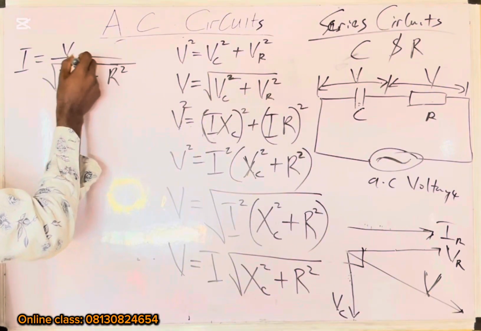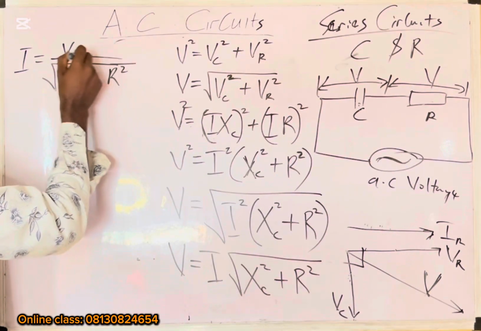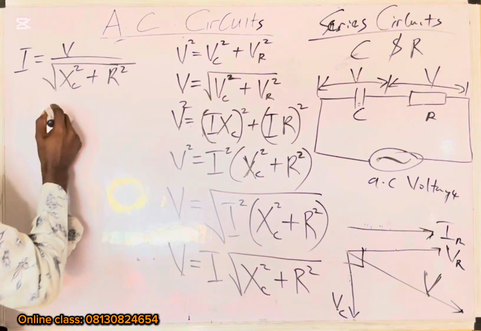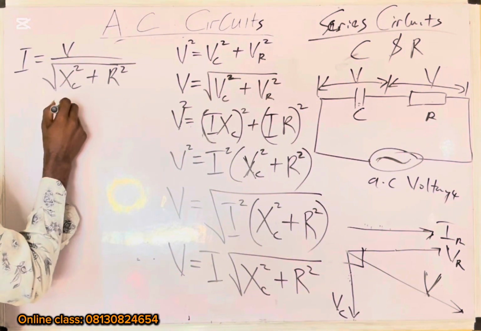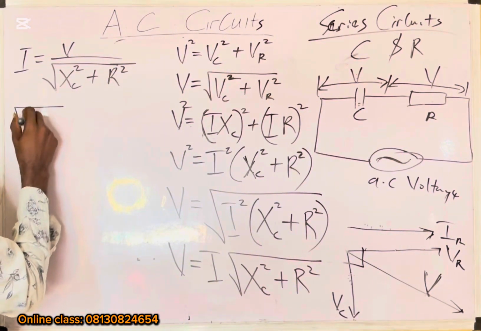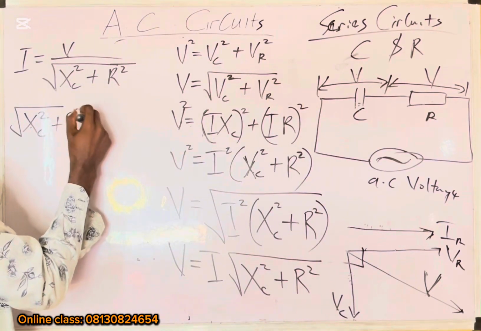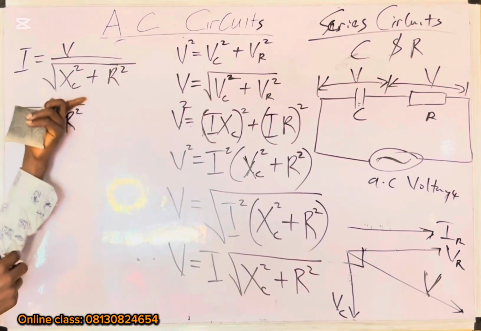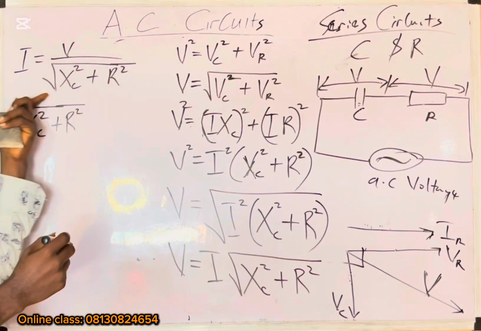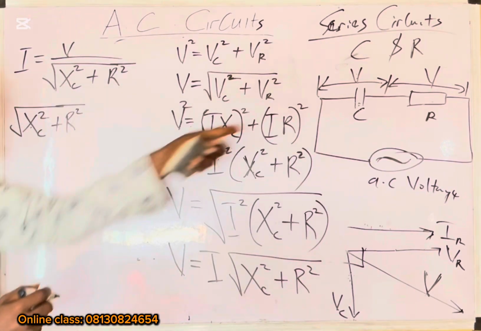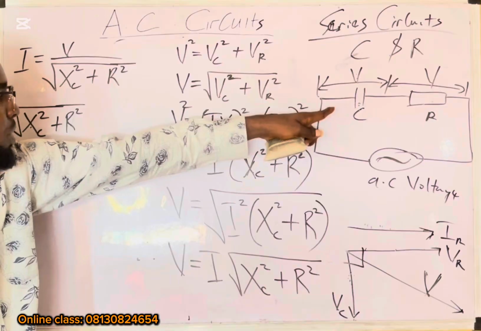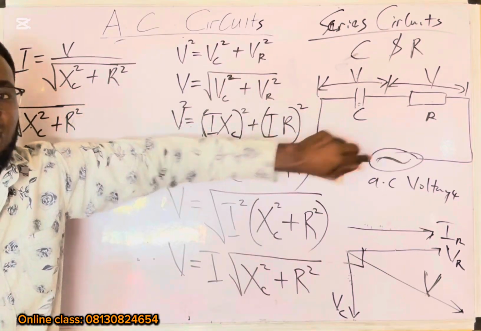Now, all this is known as the opposition to the flow of current. So this square root of X_C squared plus R squared is the opposition to the flow of current offered by the circuit components altogether in this circuit.